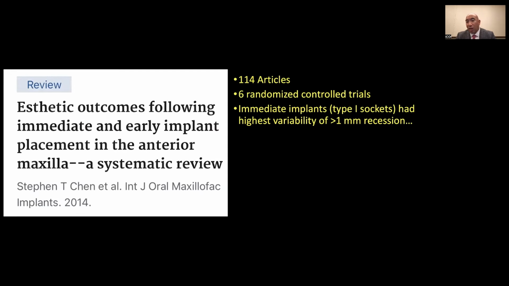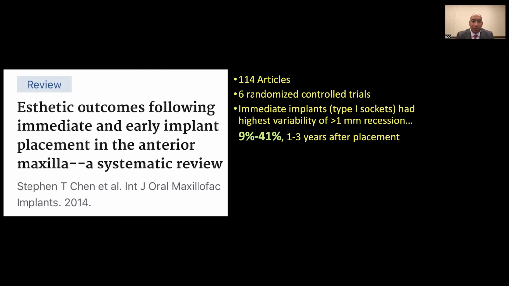That variability was crazy. It was 9 to 41%, 1 to 3 years after placement. So in other words, take out a tooth, you put in an implant, within a year, you get about 1 millimeter of recession, and that range is 9 to 41%.